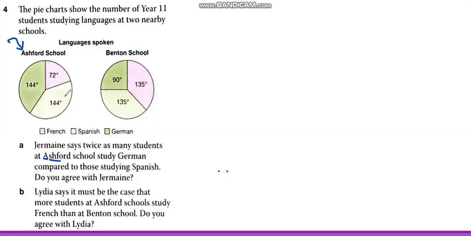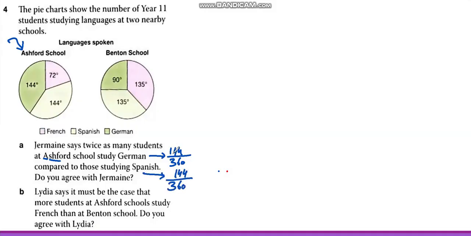Look, the students who study German are basically 144 out of 360. Like this is the fraction. And similarly, for Spanish, again, there are 144 out of 360 degrees.